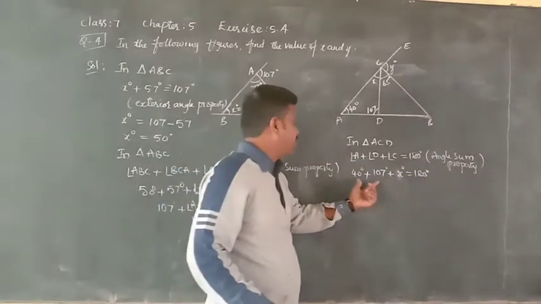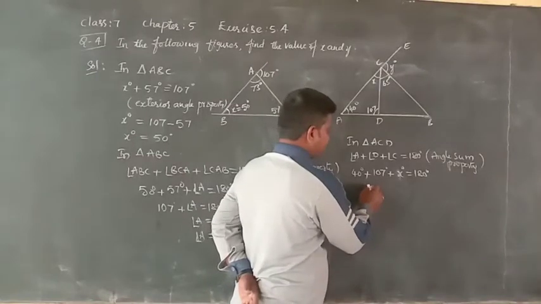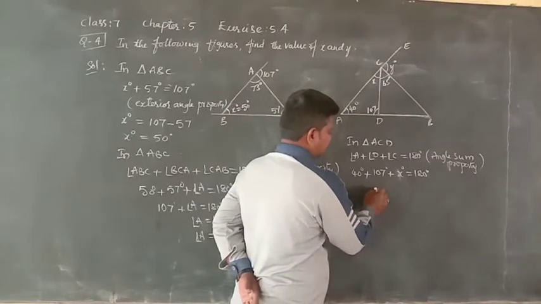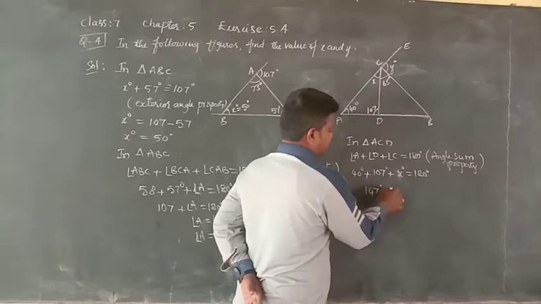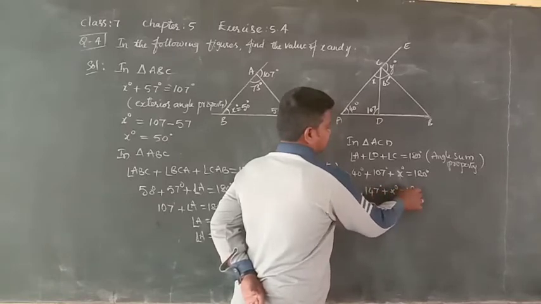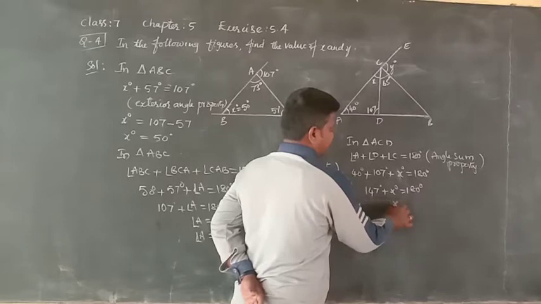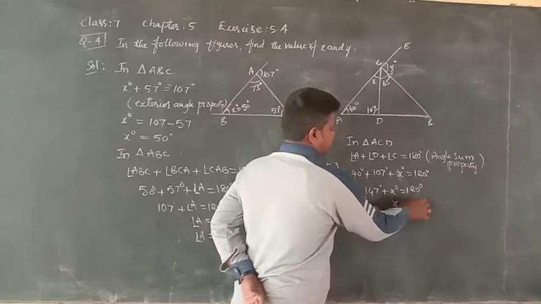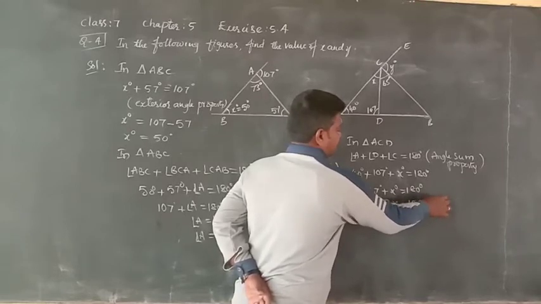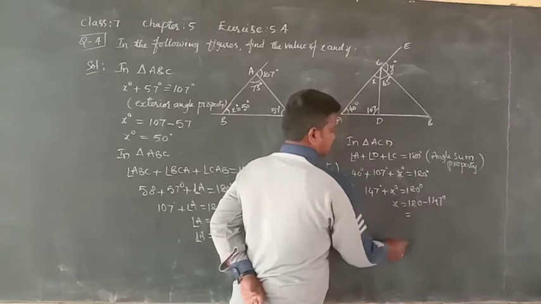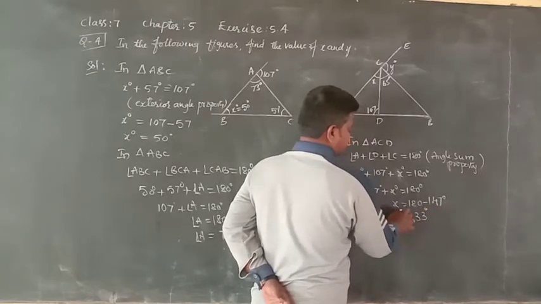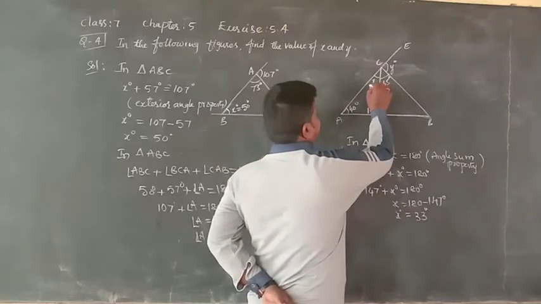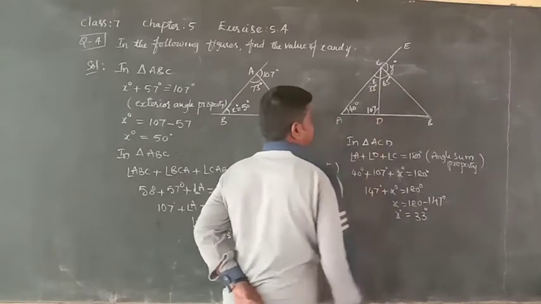Here 40 plus 107 is 147 degrees, plus x degrees is equal to 180. Make x the subject: 180 minus 147. We get 33 degrees as the x degrees.